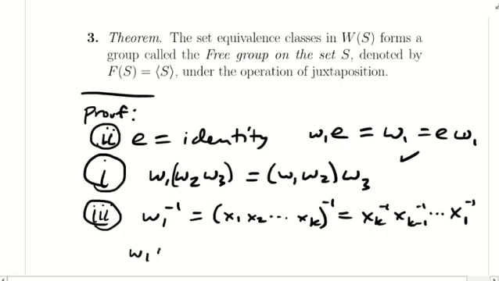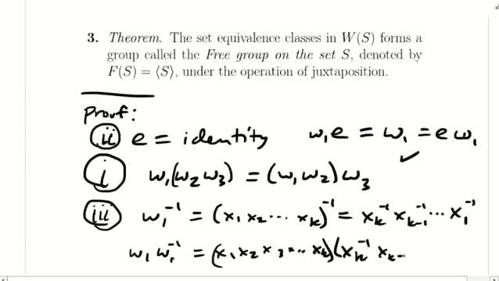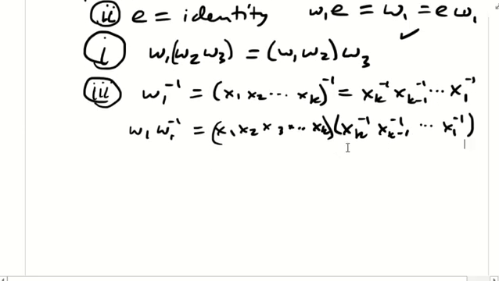So if I do W1 times W1 inverse, this is x1, x2, x3, up to xk times the thing in reverse order, and all of those will, by associativity, cancel out one at a time.